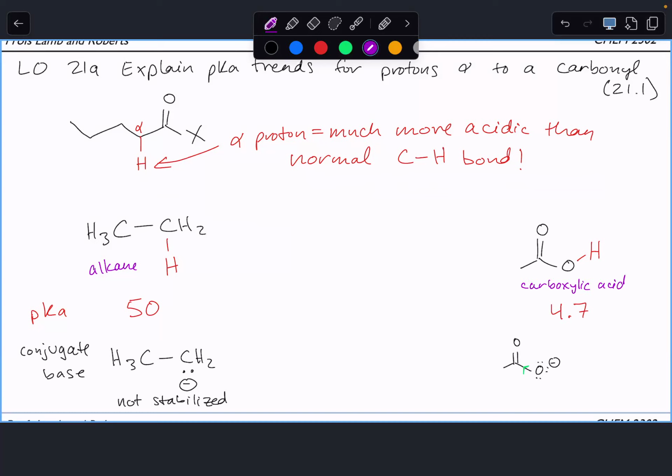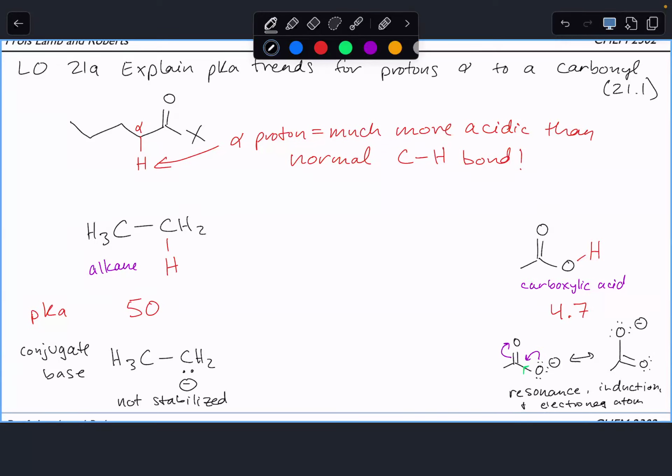And we also have resonance, where through resonance, we spread that negative charge to the other oxygen. And so we have resonance, induction, and electronegative atom. So lots of reasons why that carboxylate was very stabilized.